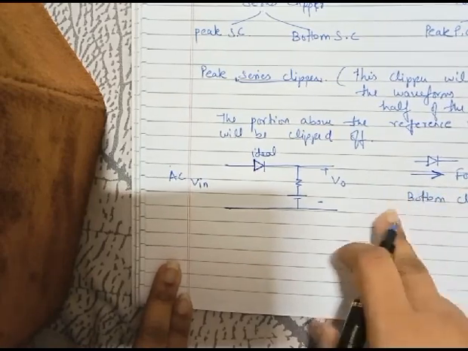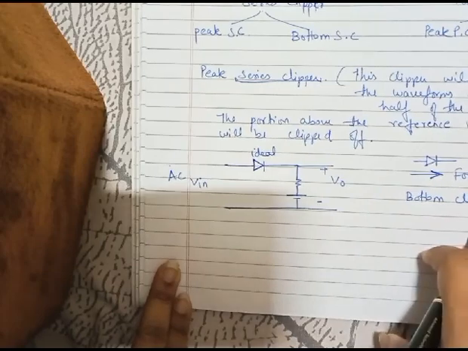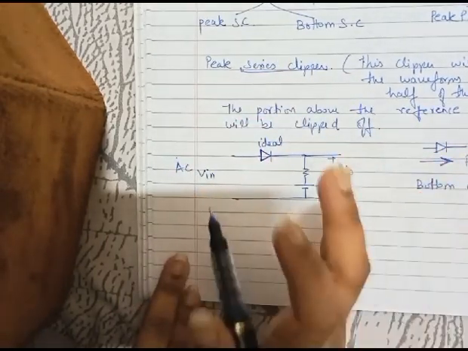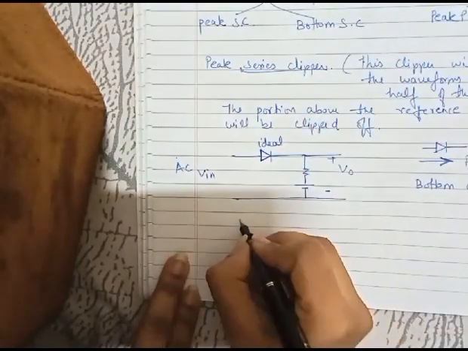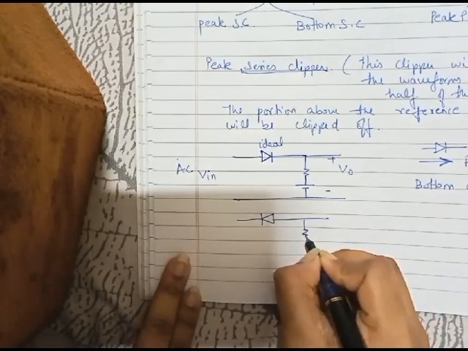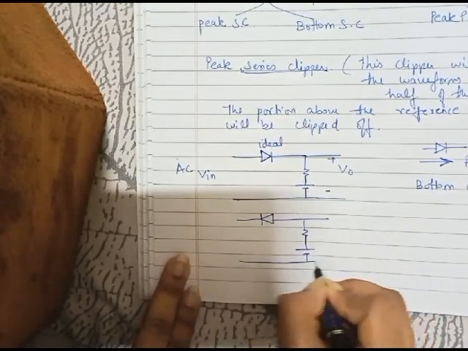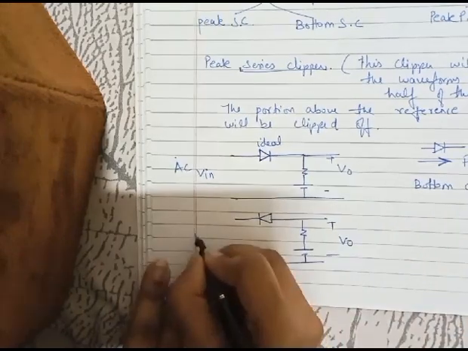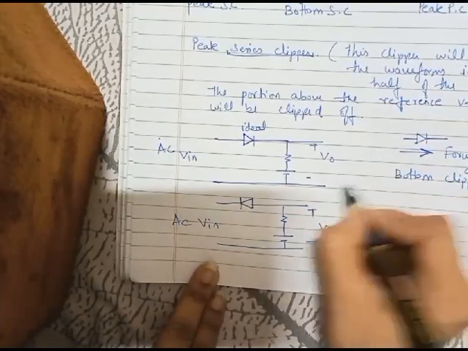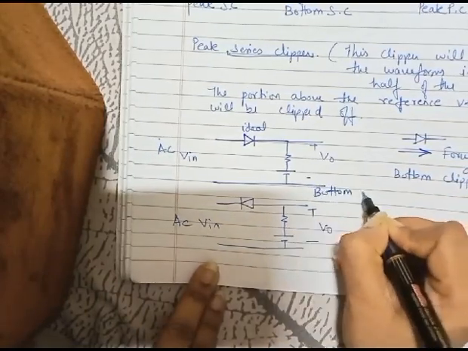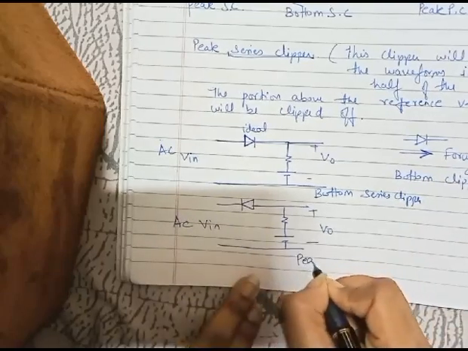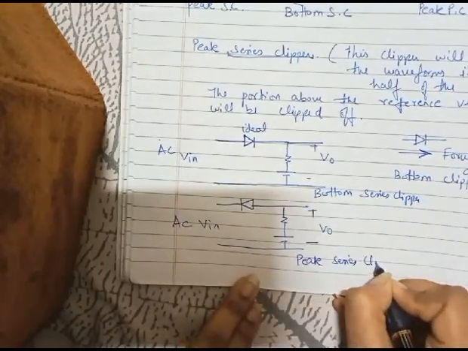That means it is going to clip off the bottom of the waveform. Now as per this definition, what could be the peak series clipper? The peak series clipper is the opposite of this. That is, if the diode is looking backward, then we say that this is a peak clipper. So this is the bottom series clipper, and this is the peak series clipper.